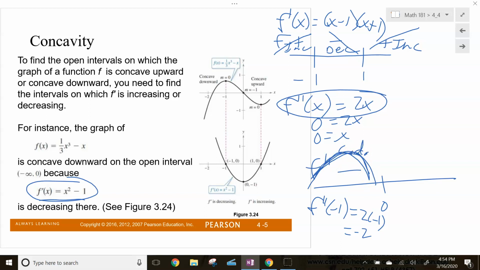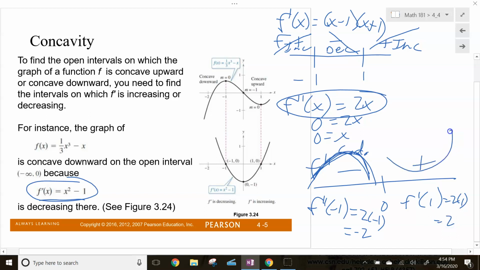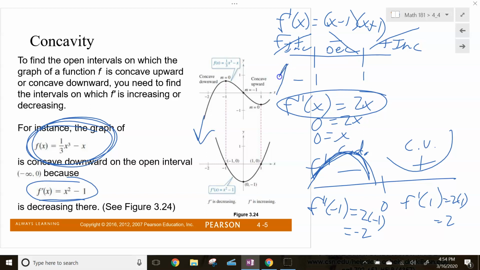Now let's plug in something to the right of 0, like 1. We got 2 times 1, so 2. So the second derivative is positive. That means over here to the right of 0, it's concave up, right? So here's my original function, 1/3 x cubed minus x. We know it goes down to the left, up to the right.